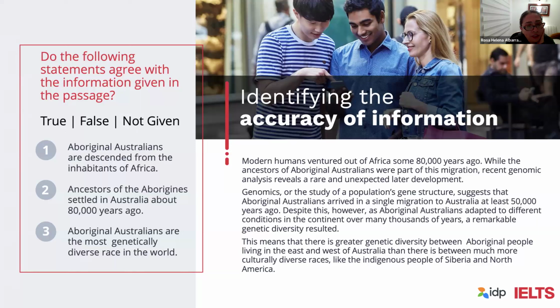Ancestors of Aborigines settled in Australia about 80,000 years ago. And number 3, Aboriginal Australians are the most genetically diverse race in the world. Great. Now, so what do you think? Number 1, is it true, false, or not given? And where can you find the answer?